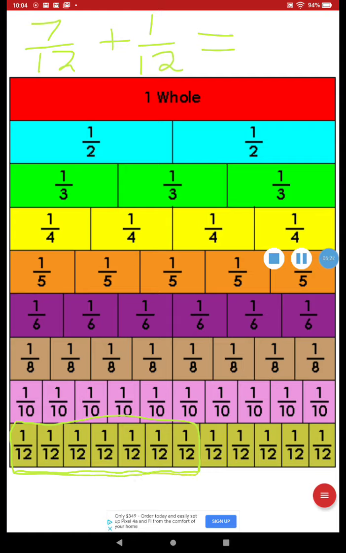Take your straight edge and bring it straight up on the rainbow fraction chart. But don't forget, 7/12 plus what? Plus 1/12. Okay, 7/12 plus 1/12 gets me what? 8/12.